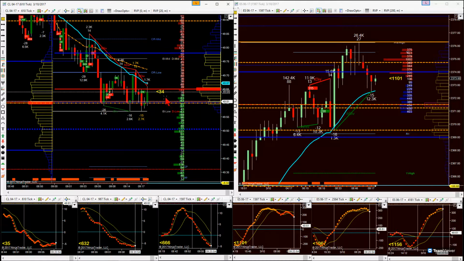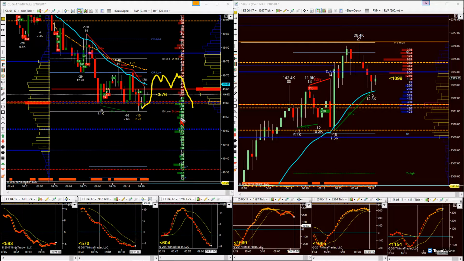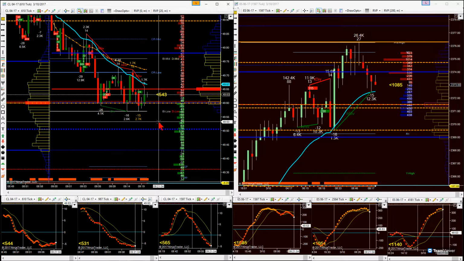Now how that can change would be if we get a push up and we start consolidating, then come back down. You could at that point see positive divergence on the 987, and then you'd have positive divergence on 2 of the 3.